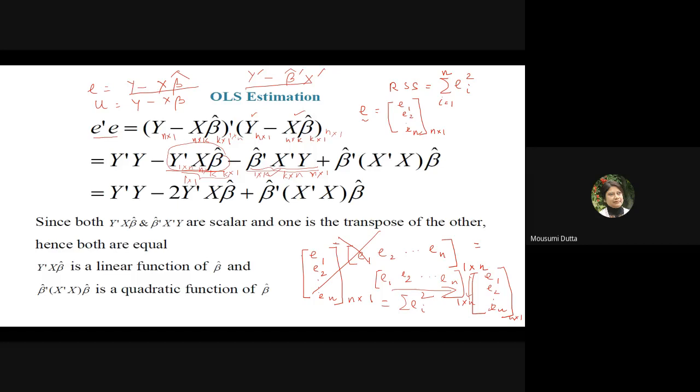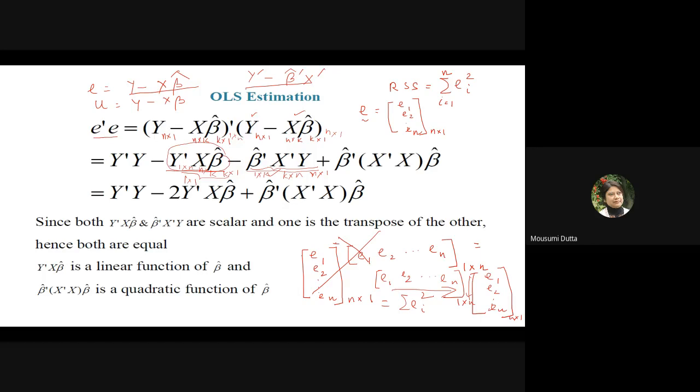So it is TSS. And it does not consist of any beta hat term. So when we minimize E prime E and derive the value of beta hat, the first element will not have any impact on estimation.